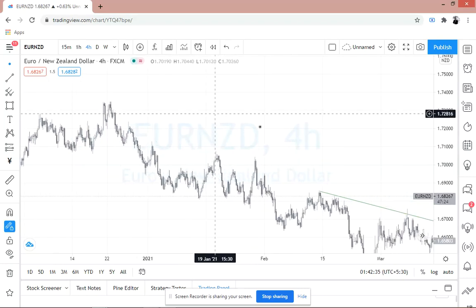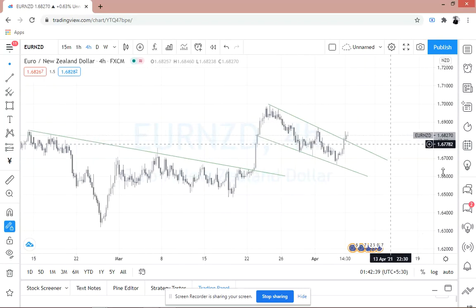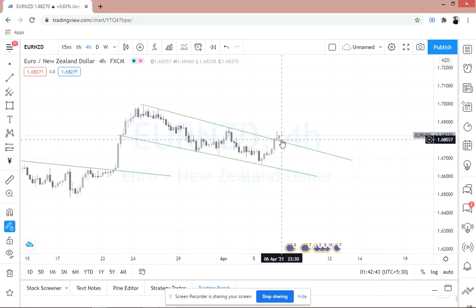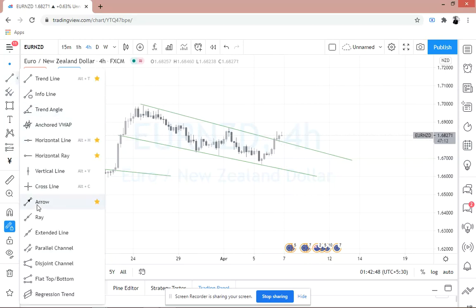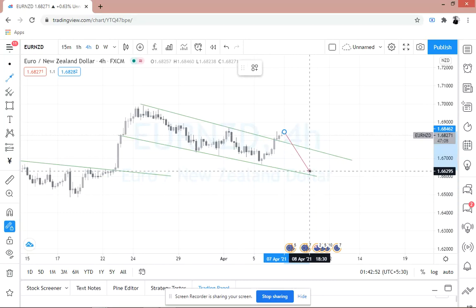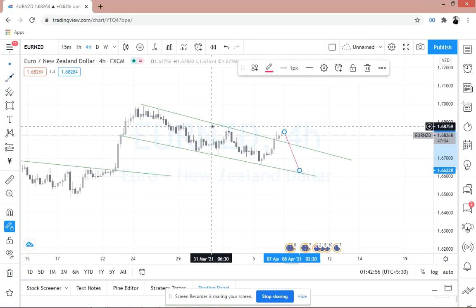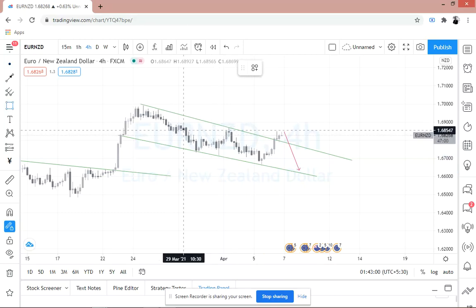I think this is still the major trend. After the breakout, you can see some sellers trying to enter the market. So I should expect sellers' entry to the downside.